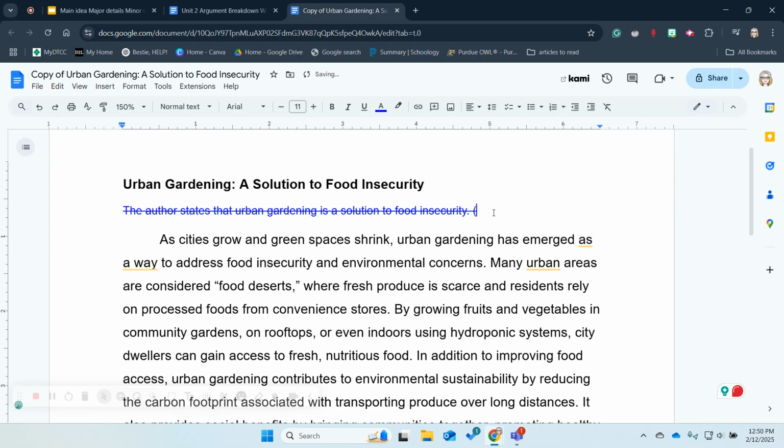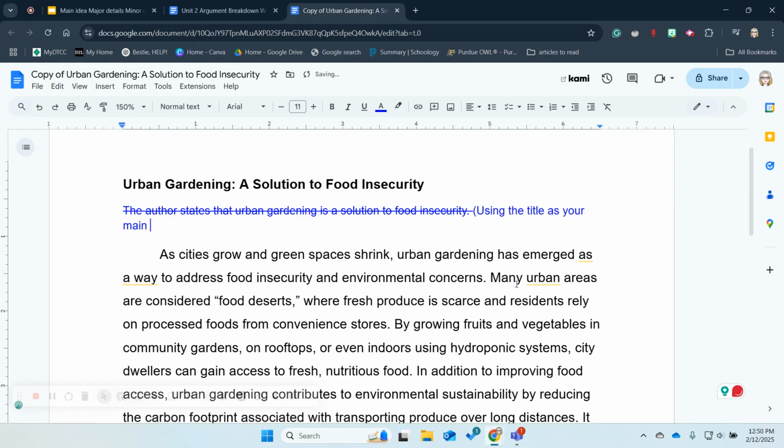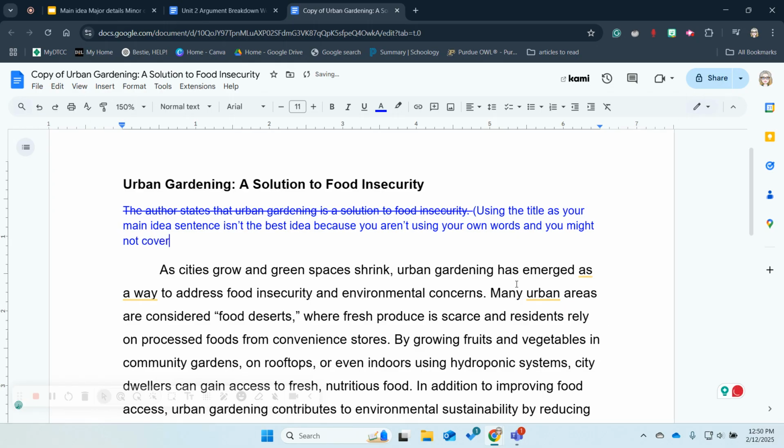And I would say, just as some notes here, using the title as your main idea sentence isn't the best idea because you aren't using your own words and you might not cover ideas or material from the entire article.